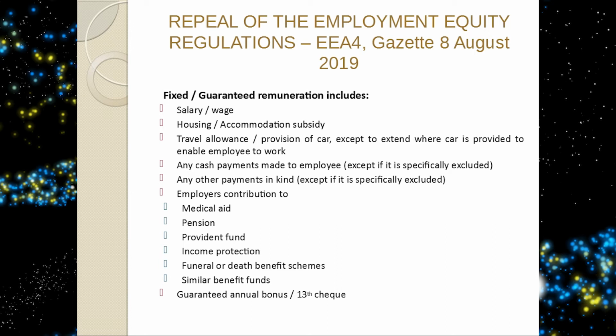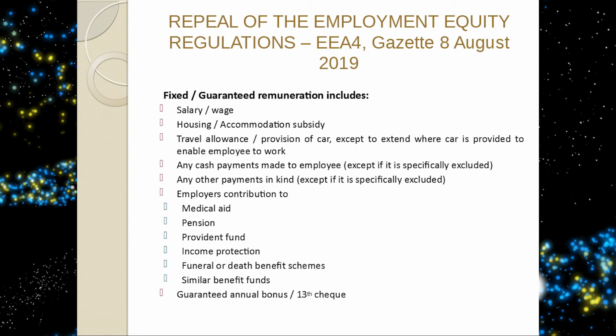Any cash payments made to the employee, except if it's specifically excluded, I'll get to that. Any other payments in kind, as well as the employer's contribution to medical aid, pension, provident, income protection, funeral or death benefit schemes, similar benefit funds, etc., as well as your guaranteed annual bonus and or 13th cheque. That would all be deemed fixed remuneration.